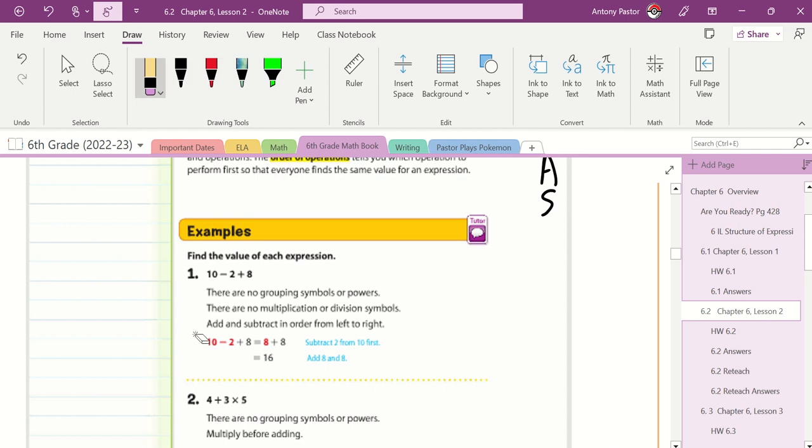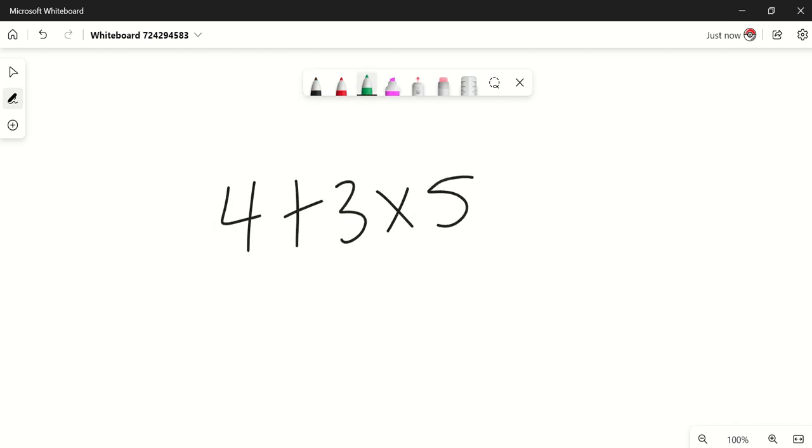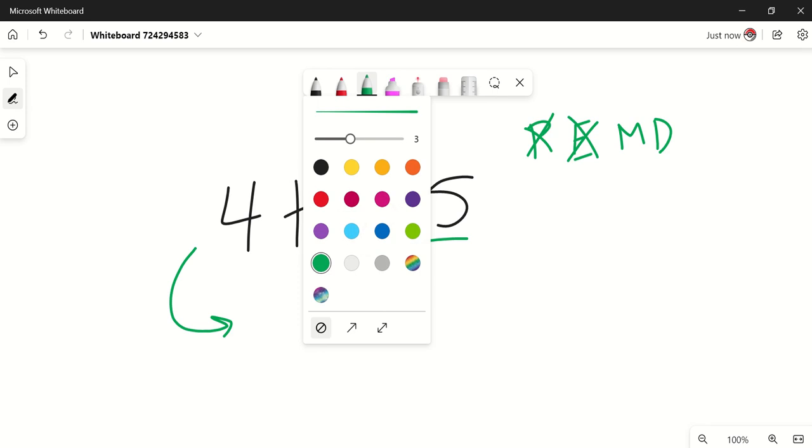The example: 4 plus 3 times 5. Remember, order of operations again is PEMDAS. There's no parentheses. There are no exponents. Multiplication and division from left to right. There is, and that'd be 3 times 5. I'm going to rewrite this entire expression down here again.